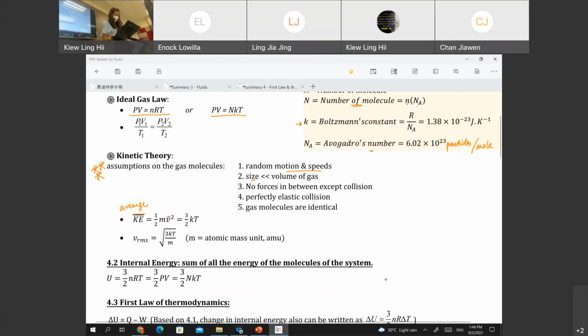When you further derive, the RMS speed of each particle is given by the root of 3kT/m. And this m, remember, is in AMU, atomic mass unit. This 1 AMU is equal to 1.66 times 10 to the power of negative 27 kg.